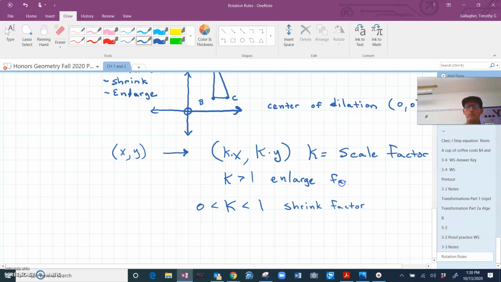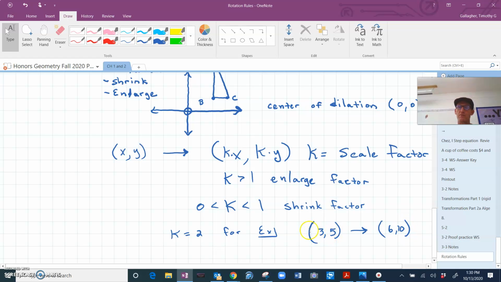Enlarge factor. Okay, so if k equals 2, for example, (3, 5) would go to (6, 10). So it's a pretty simple multiplication. Okay, good to know. Practice.